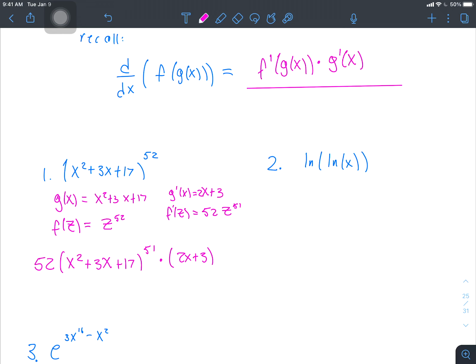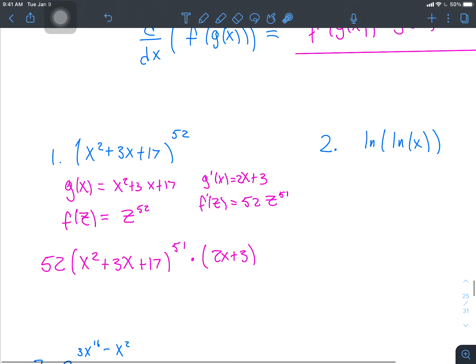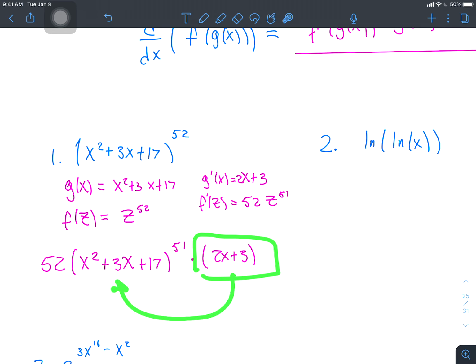All right, so let me briefly comment on how you might do this after you have a bit more familiarity with the chain rule. A very observant person might notice that this guy is nothing but the derivative of what's inside, right?